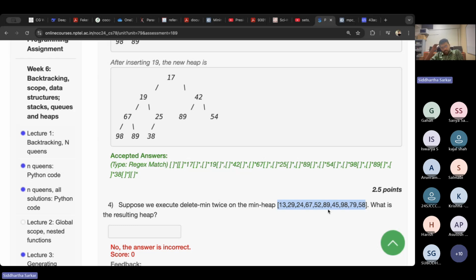Yes, delete min has to be performed twice. Ashutosh has found an answer. So what Ashutosh has found is different from that of Mukesh, but I think the answers of Rimi and Gahan are the same.